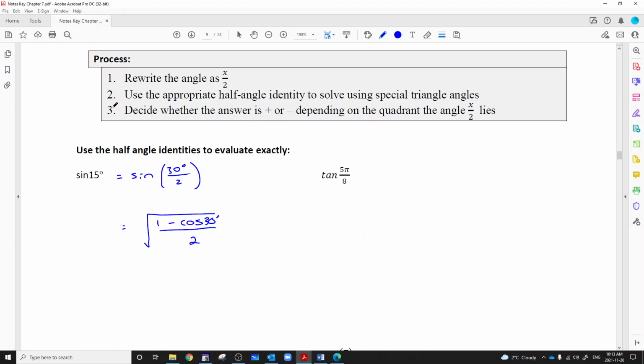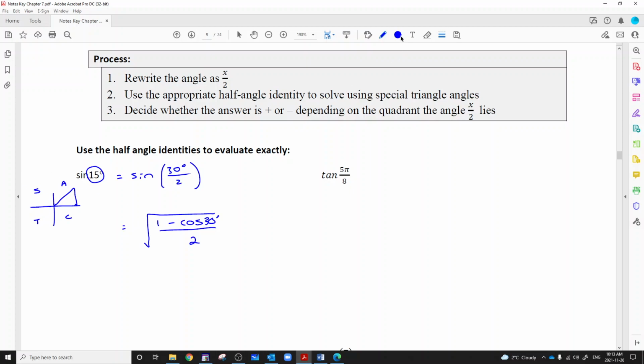But the third thing we do is we have to decide whether the answer is positive or negative. So the formula had it as the sine of x over 2 is equal to plus or minus the square root of 1 minus cos x over 2. You have to decide whether it's plus or minus. That all depends on where angle 15 is. Since angle 15 is in the first quadrant, everything is positive.